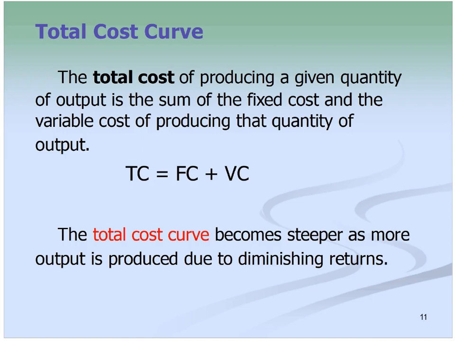So we get the total cost then by adding both of these up. The fixed costs and the variable costs, we put them together to get what we call our total cost curve, which is what we saw there as an upward sloping curve. It does become steeper as output is produced, as additional inputs are added, but again, this is due to diminishing returns.